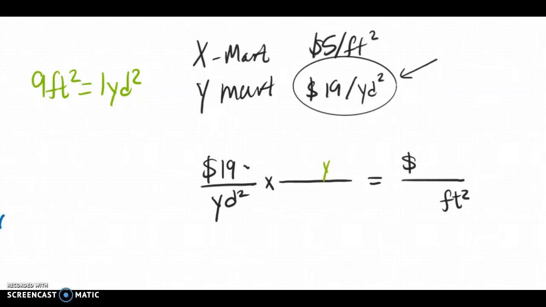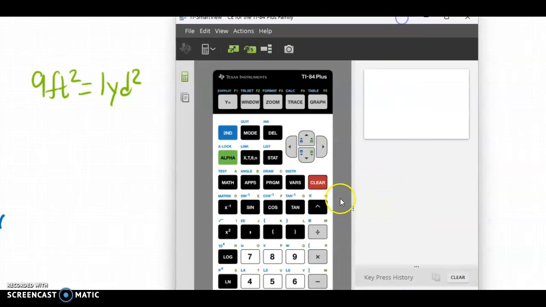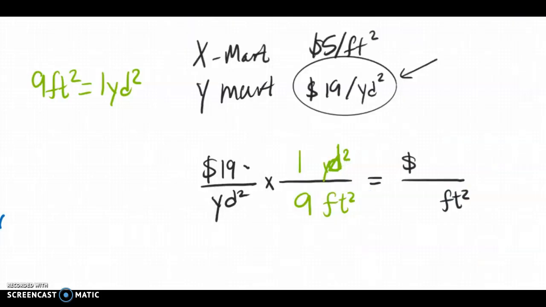This time, because I want to get rid of yards, I'll put yards in the numerator and I will put feet squared in the denominator. So it'll be 19 times 1 divided by 9. I'm going to grab my calculator to do that work. So 19. Now I don't have to multiply by the 1 because 1 times anything is that anything. So just divide by the 9 and get 2.11111.